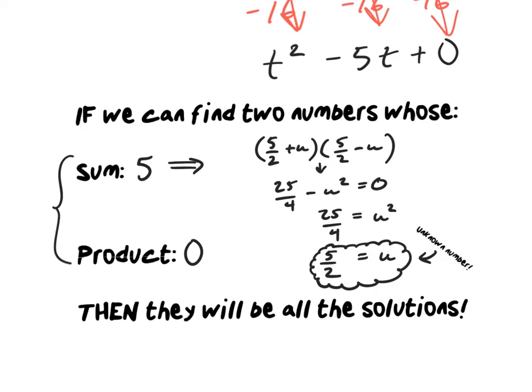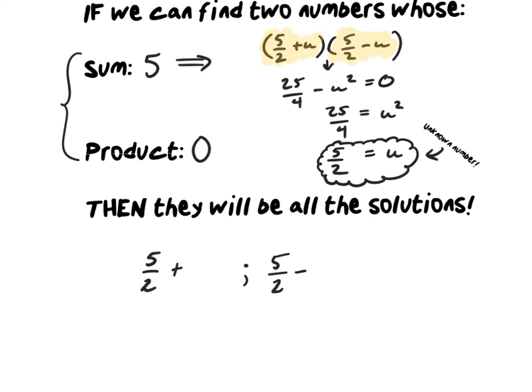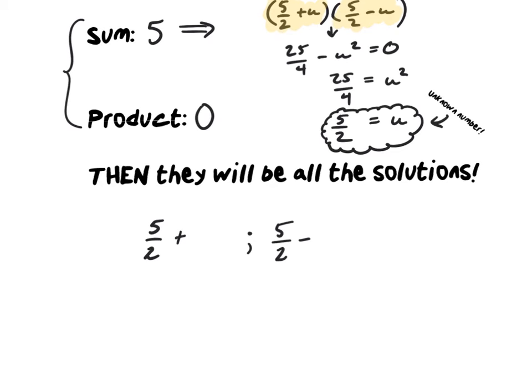I can now substitute my unknown numbers where I highlighted, and that gives me 5 over 2 plus 5 over 2, which is 10 over 2, and that is equal to 5. Then I have 5 over 2 minus 5 over 2.